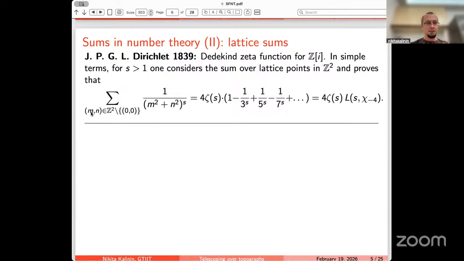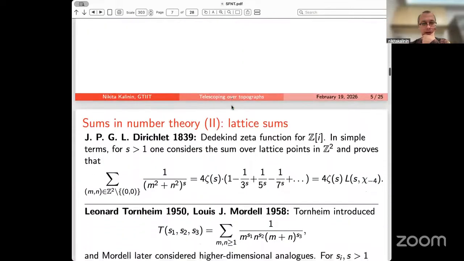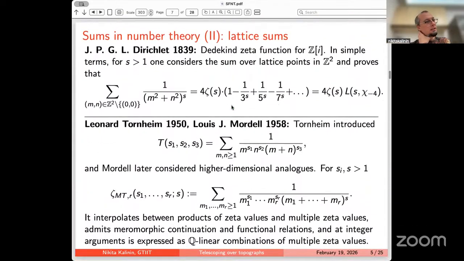So here you take integer points without zero, take here power s, and then you can see that this is just 4 times zeta of s times this L function, or you have this explicit presentation of it. Okay, and there are also similar lattice sums, but with a sum over all pairs of integers, right? So this sum is the sum over pairs of integers.